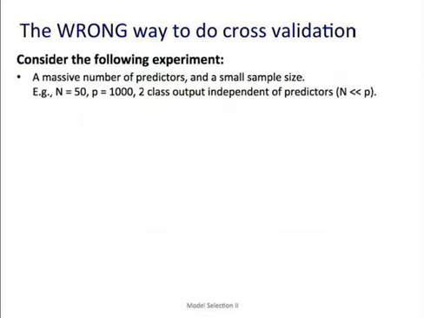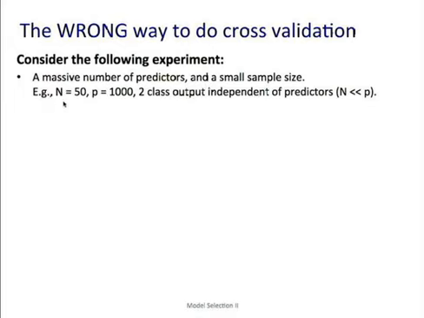Now, this is going to lead us eventually into this paper. What is the wrong way to do cross-validation? Consider the following experiment: a massive number of predictors and a small sample size.